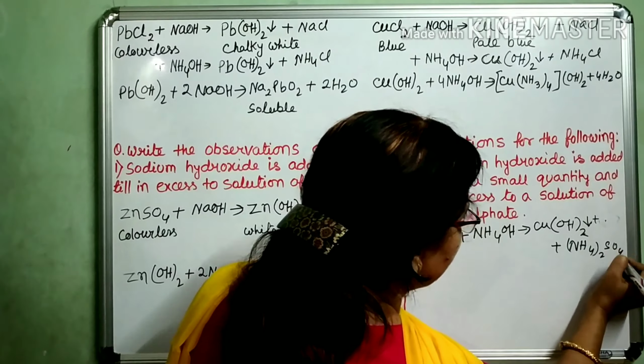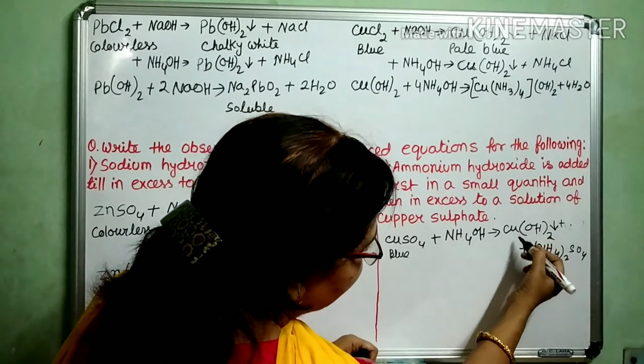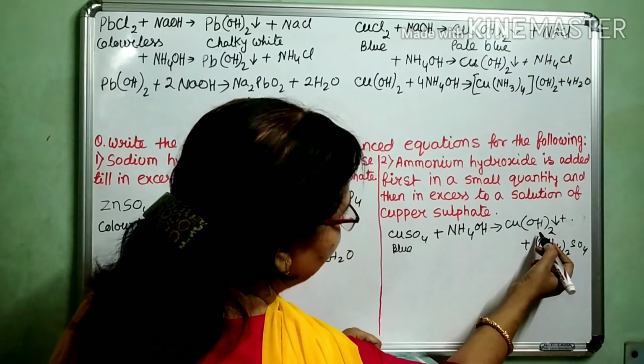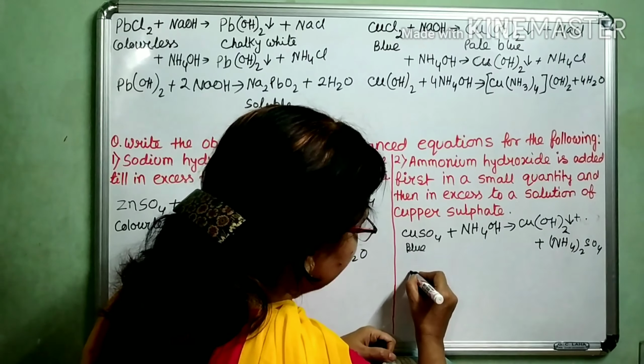It is a pale blue, insoluble precipitate. When excess NH4OH is added, what happens?